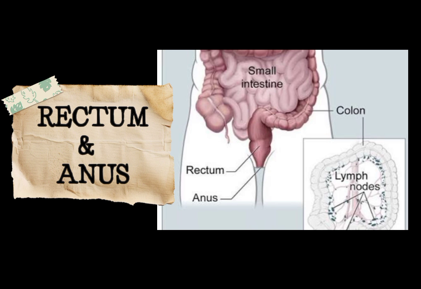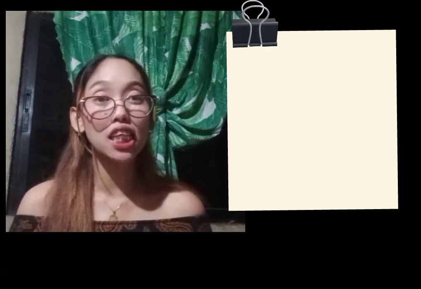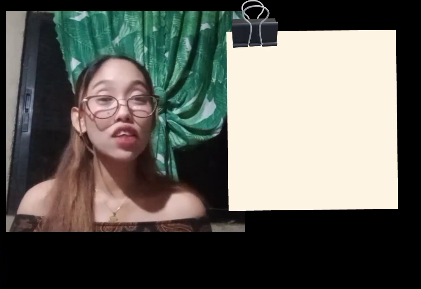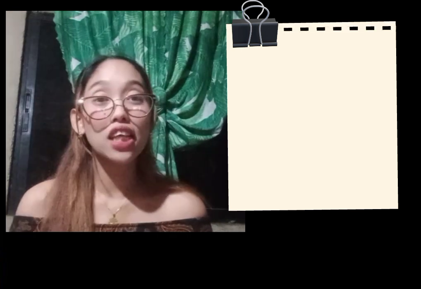The rectum stores stool before it is eliminated from the body, while the anus is the opening through which waste is expelled from the body, which is known as elimination. Those are the main components of our human digestive system and their corresponding functions.